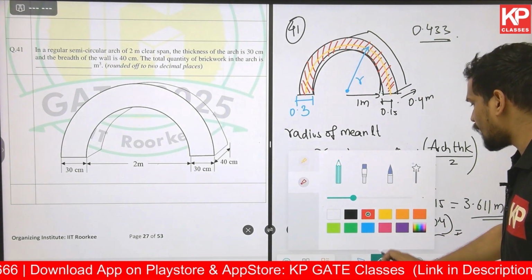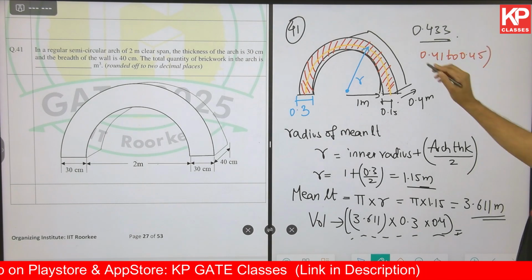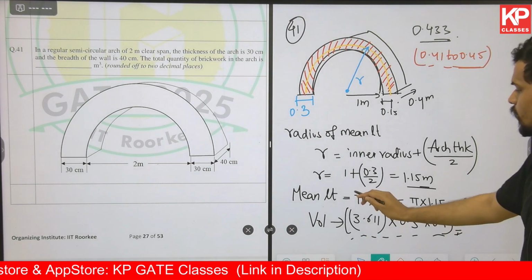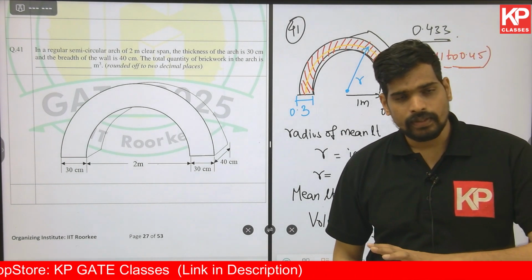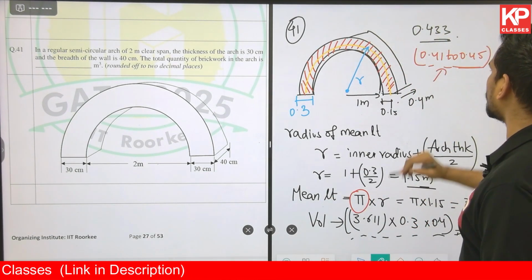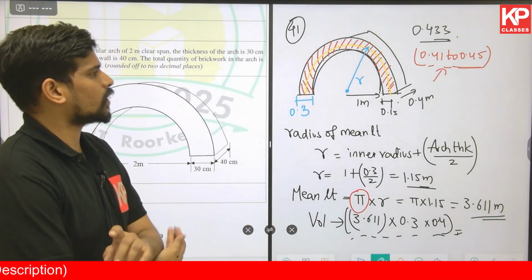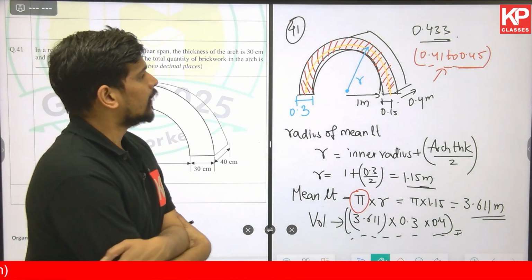So even if you take a slightly different value of pi, I took pi as 3.14, if you take the direct pi given in the calculator, or 22 by 7, the answer might fluctuate a bit. They have given a wide range to cater to that fluctuation, 0.41 to 0.45.